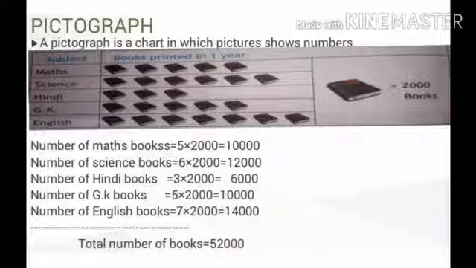So there are 14,000 English books. Now let us find the total number of books. So you add all the number of books. After addition, you will get 52,000 books. Okay. So there are 52,000 books in total. Are you clear, pictograph?